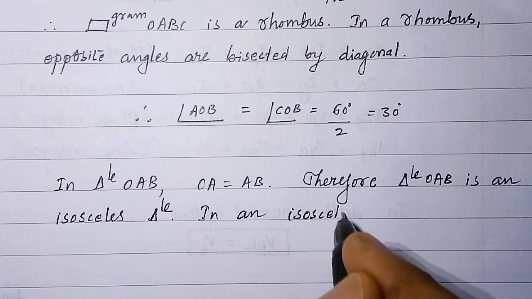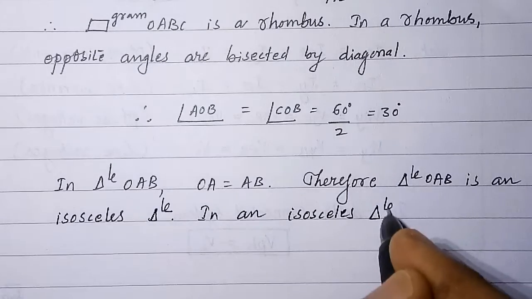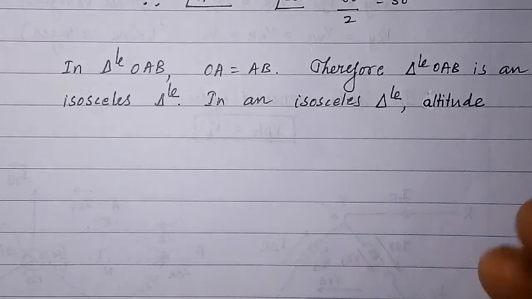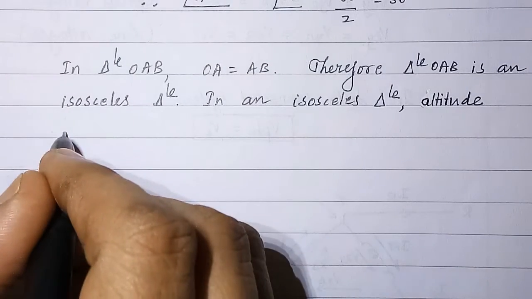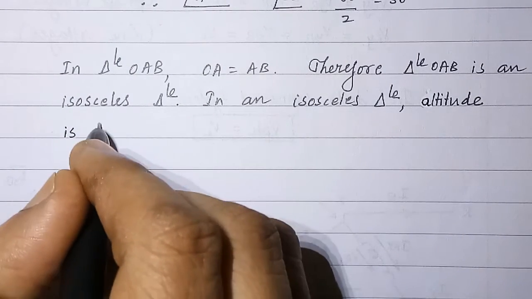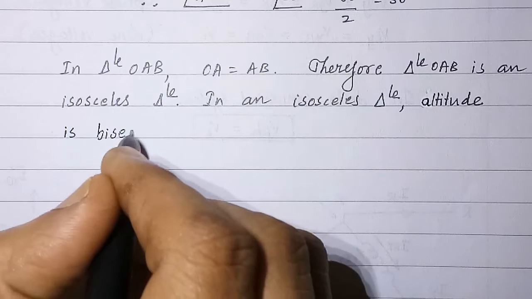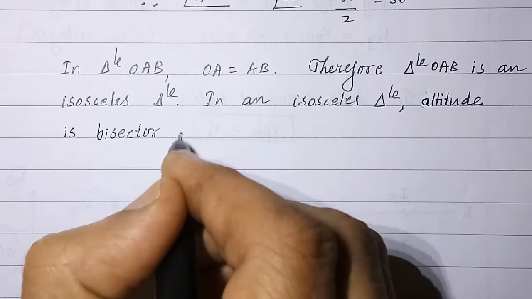In an isosceles triangle, altitude is bisector of base.